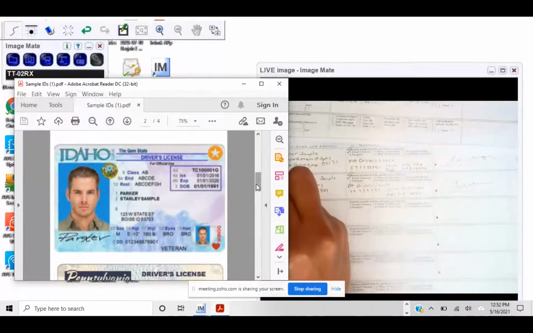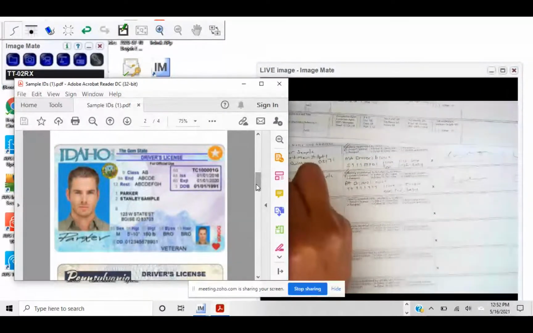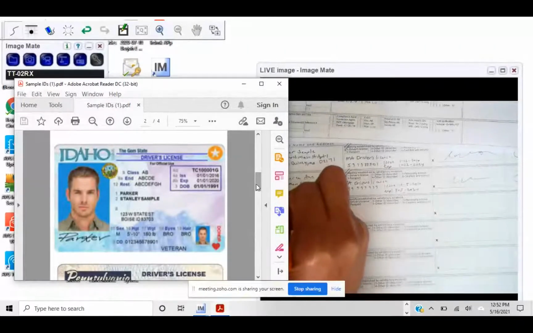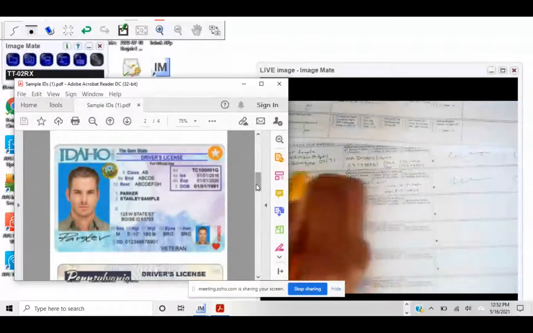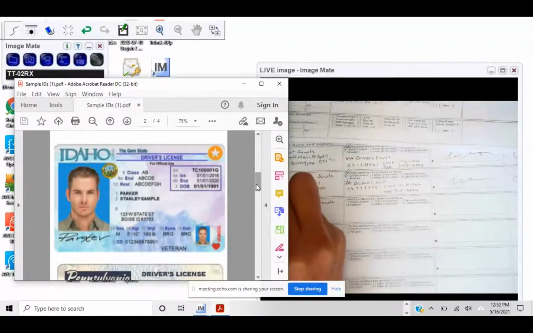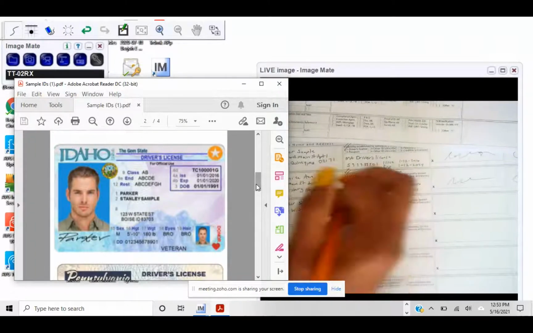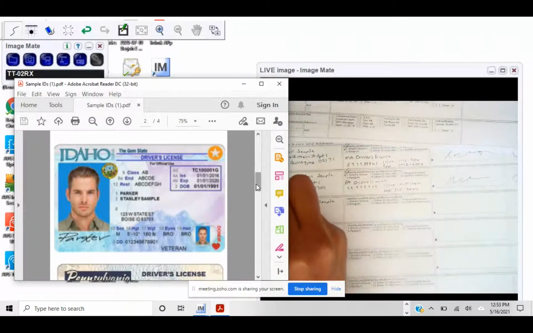Okay, his name is Parker Stanley Sample. 123 West State Street. Boise, Idaho.